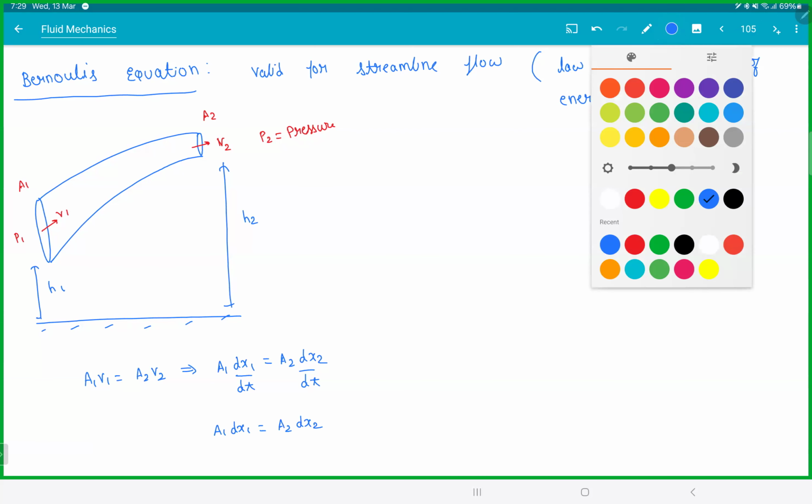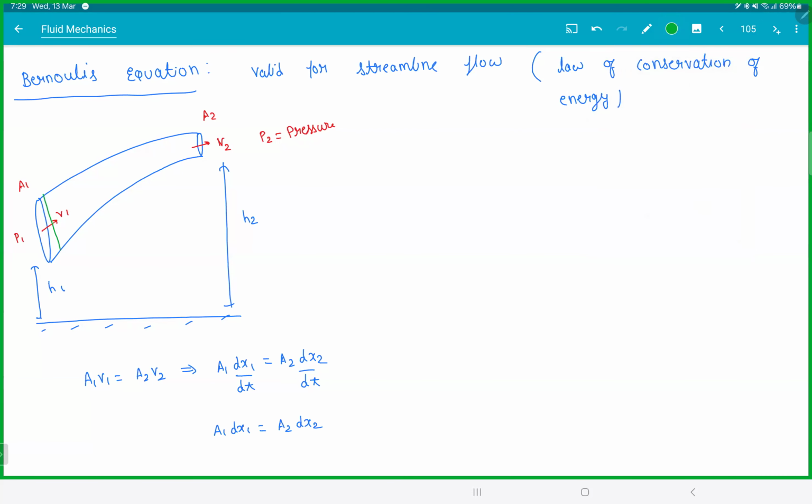So what we are doing here, we take a thin strip here, dx1, and a thin strip here, dx2. Bernoulli's equation is actually nothing but work-energy. So work done by pressure, that is external forces, is equal to change in kinetic energy plus change in potential energy.